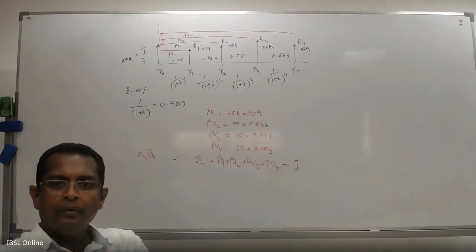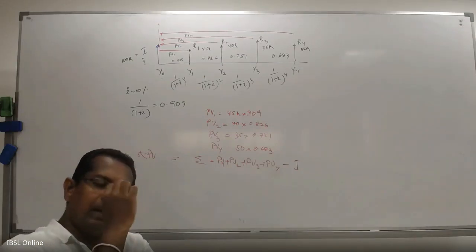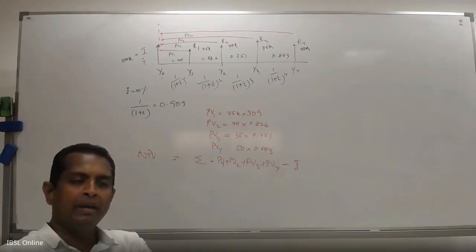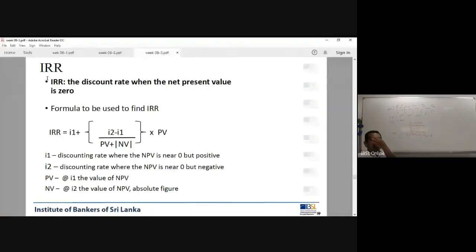IRR, which is called internal rate of return. It is the discounting rate where NPV equals 0, net present value equals 0. IRR is a theoretical factor. The discounting rate when the net present value is equal to 0.